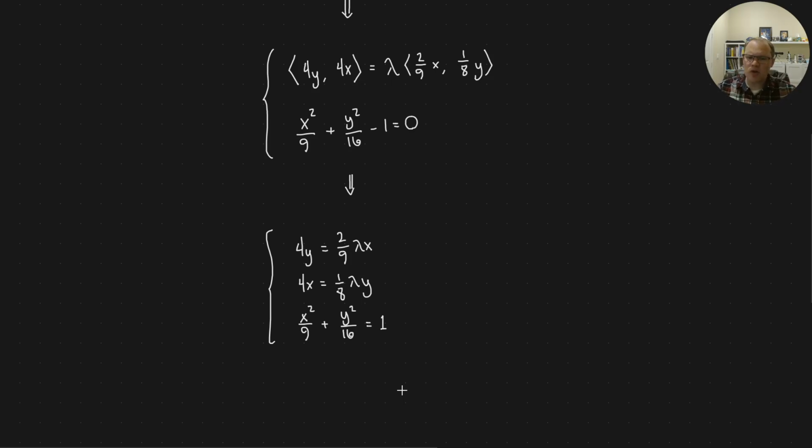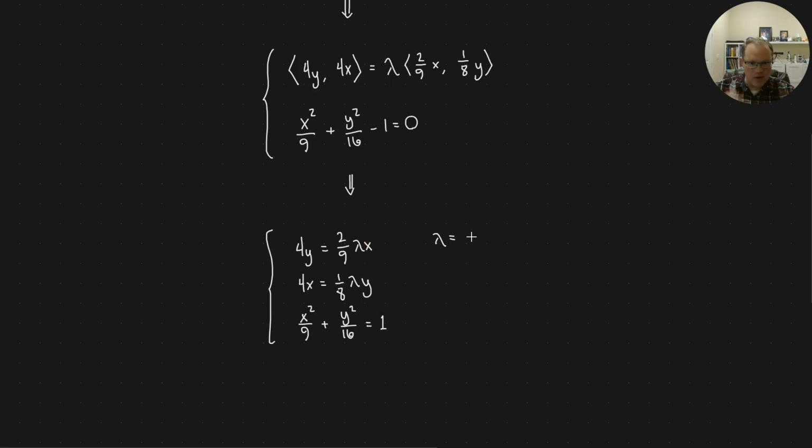Now, if you don't know where to start, a good place that I like to start is isolating lambda in these two equations, and then setting them equal to each other. So if I isolate lambda in this first equation, I would get lambda equals, so I'm going to divide by 2/9, or multiply by 9/2, and divide by x.